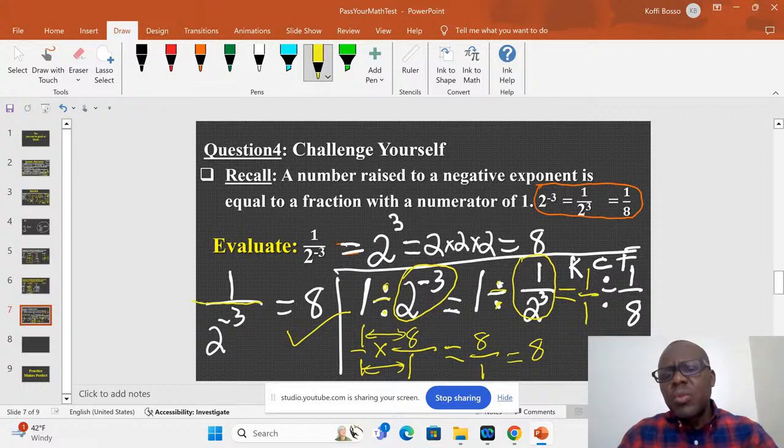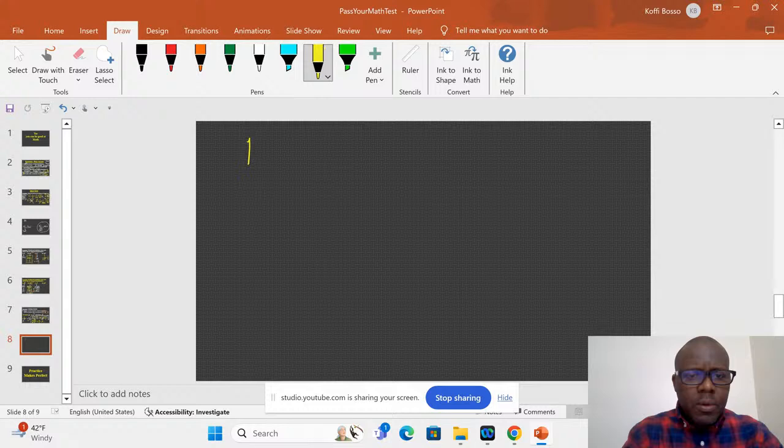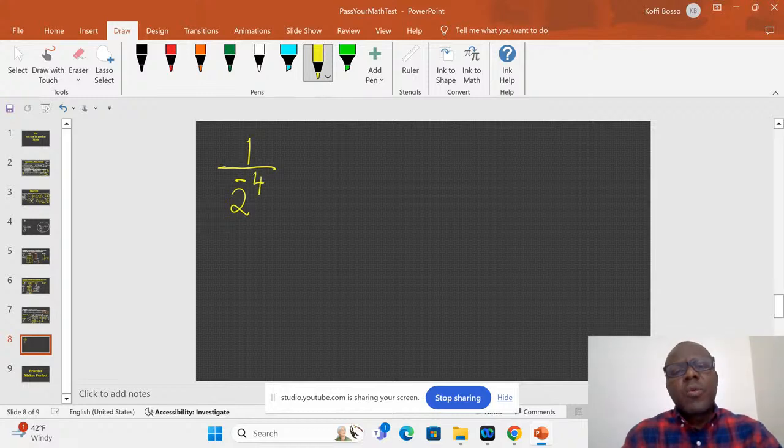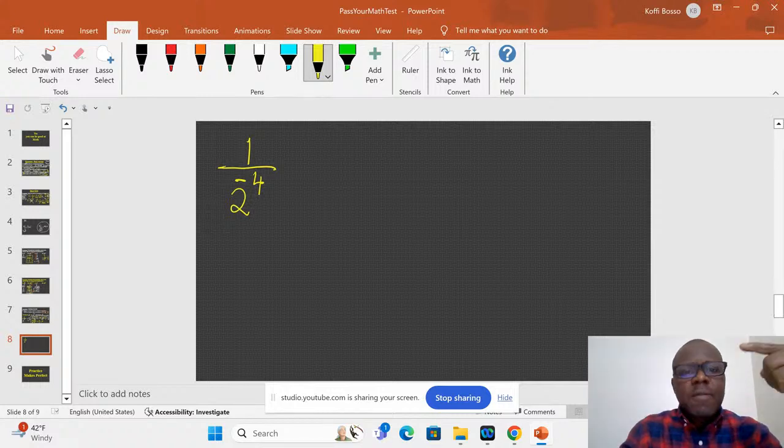But let me tell you something. You don't need to do all of this before you solve a question like that. Just understand the rule like this. Every time you have a fraction where the numerator or the denominator has a negative exponent, the rule is just to switch.